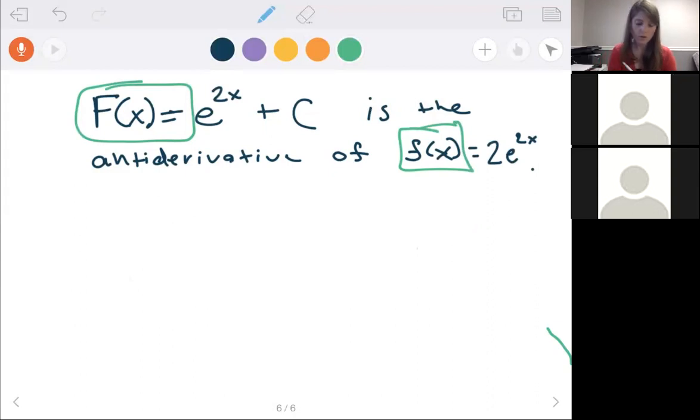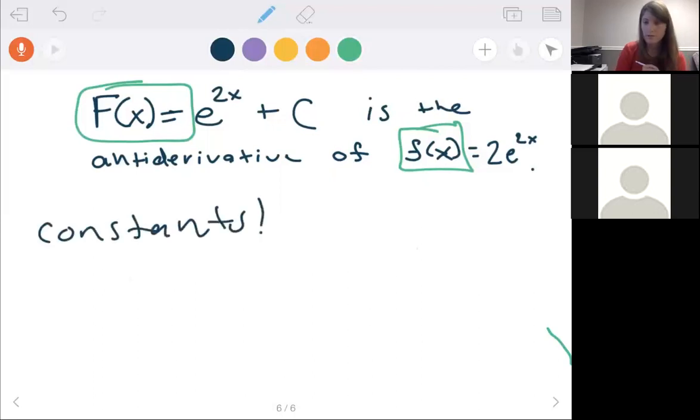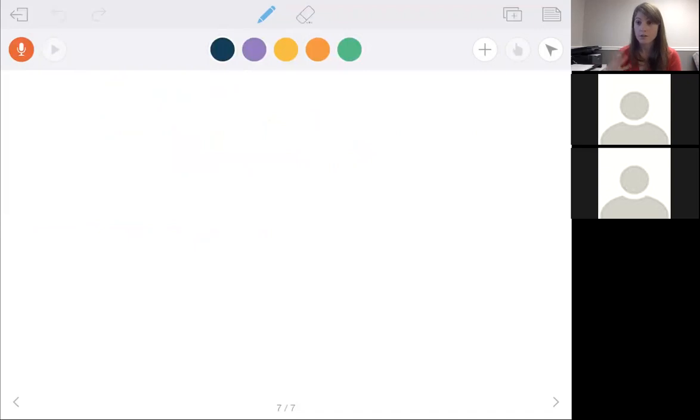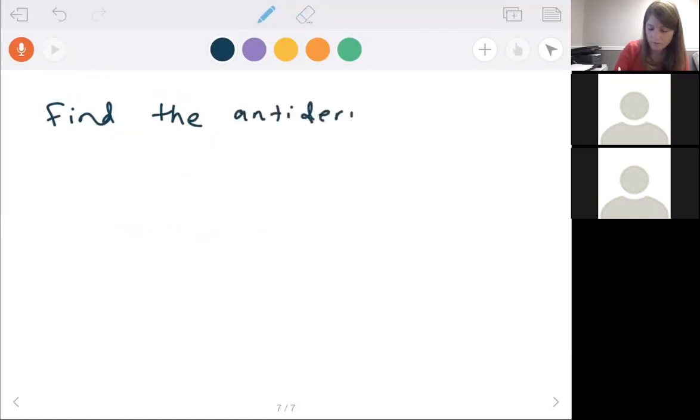So what's tricky in this case? The tricky part so far is constants. So I'm going to give you guys a sequence of problems, and we're going to try to continue to guess and check until we feel like we've narrowed down on what's going on and can think about the rules. So for each of these, find the antiderivative for each function.